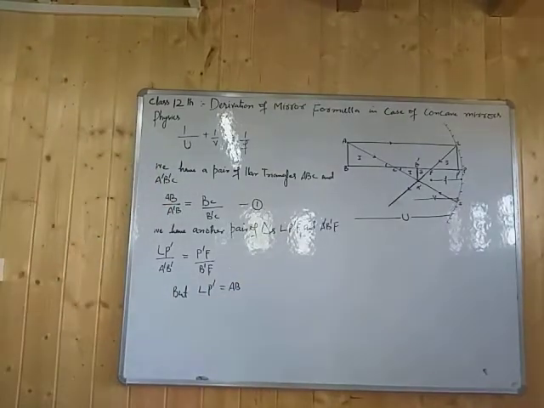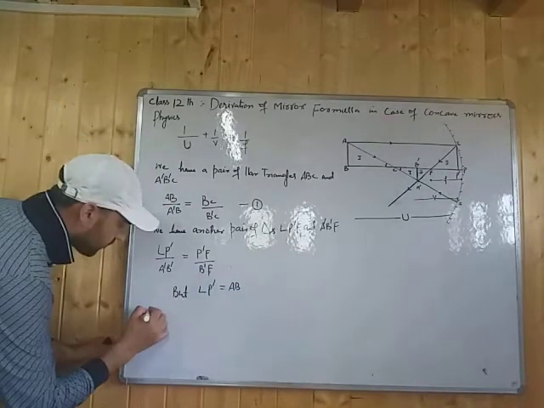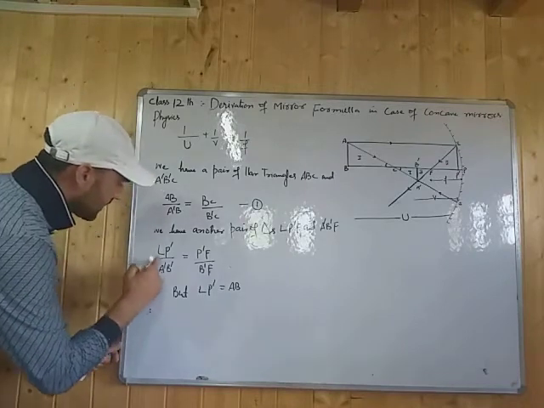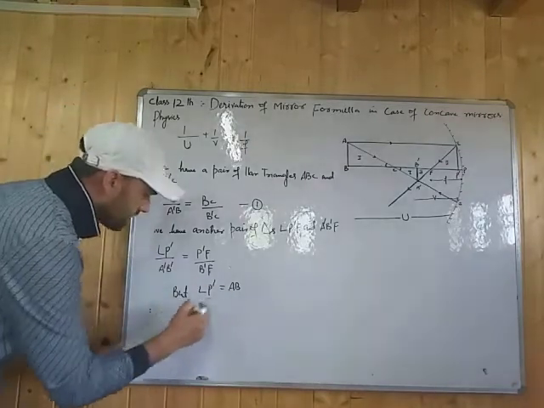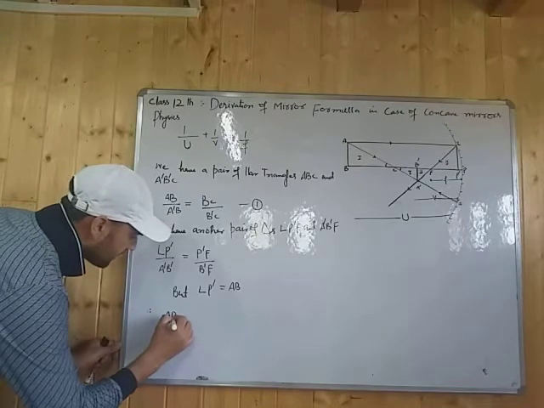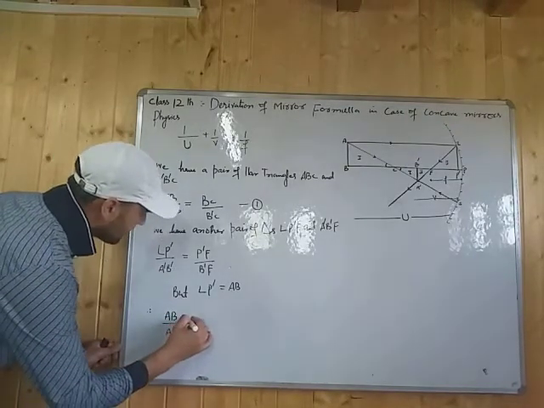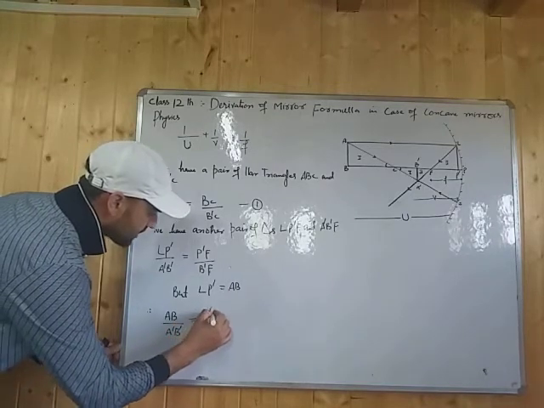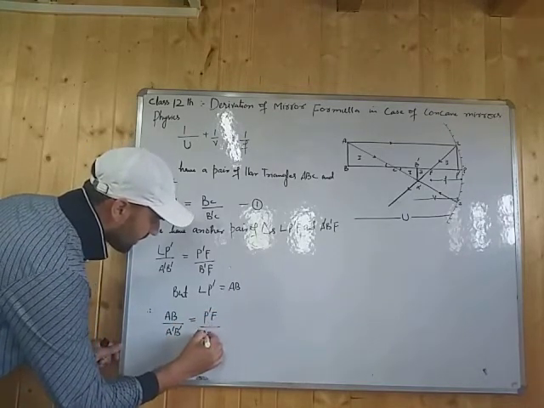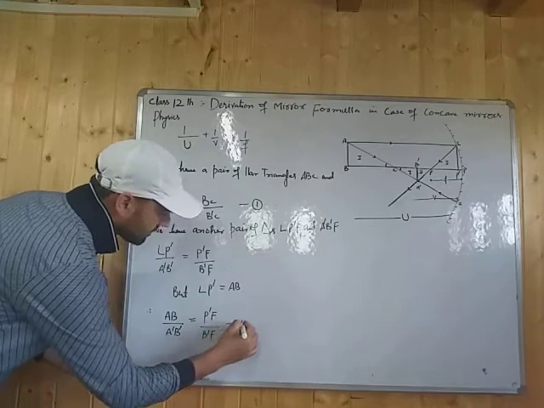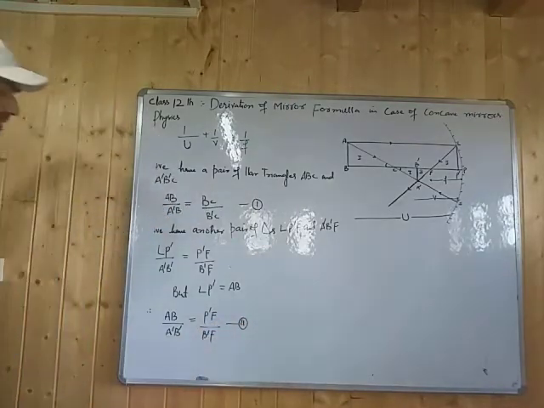Therefore, instead of LP dash, we write AB divided by A dash B dash is equal to P dash F divided by B dash F. So this will be equation second.